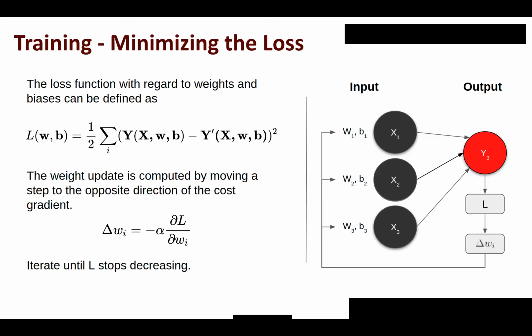To find the weights and biases that can minimize your loss, people are using the so-called backward propagation method. They take the gradient of the loss function against the weights, and then put in an extra parameter alpha, which is the learning rate, and that will control how far you want to go for every iteration.